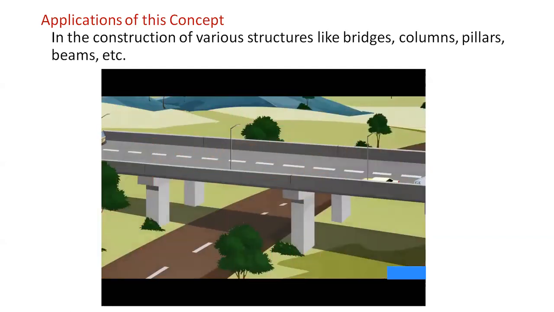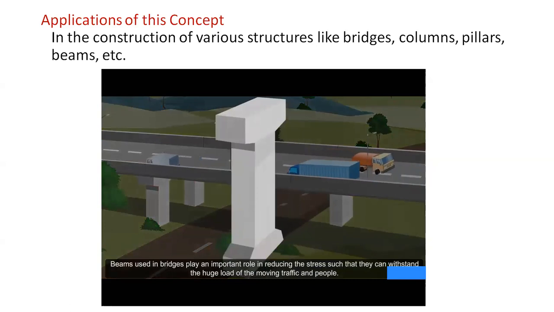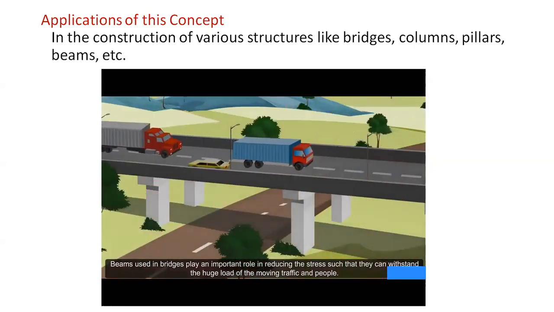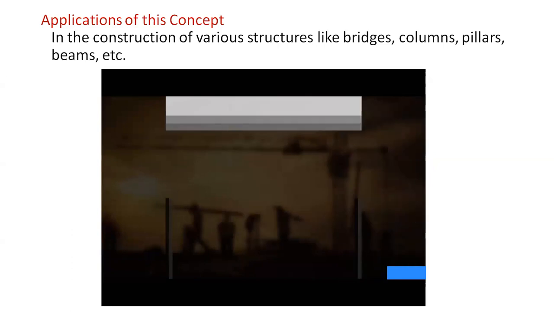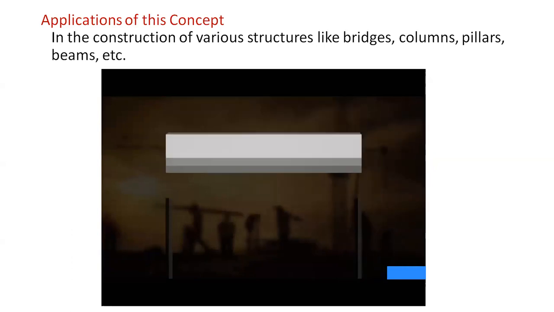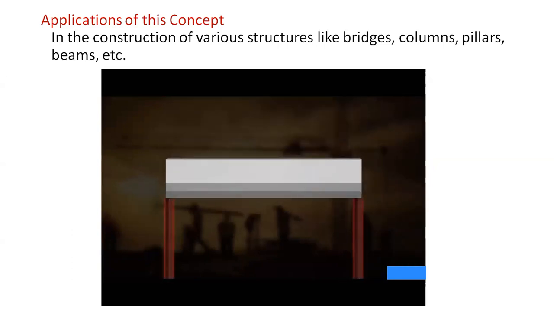The special design of the bridges we are referring to make use of beams. The beams used in bridges play an important role in reducing the stress such that they can withstand the huge load of moving traffic and people. Let us understand how. Let us consider the case of a beam loaded at the center and supported near its ends as shown.